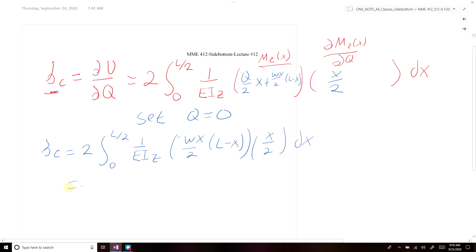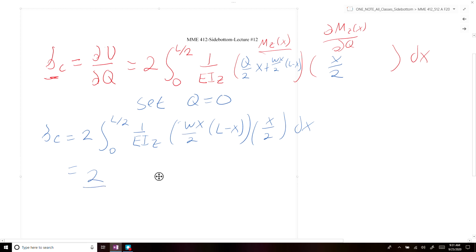Alright, so if we simplify this integral down a little bit more, the 2 over the 2 here and the 2 here will cancel out. We'll bring out the E and the Iz term here, and we'll be left with the integral from 0 to L over 2 of wx squared over 2 times L minus x dx.